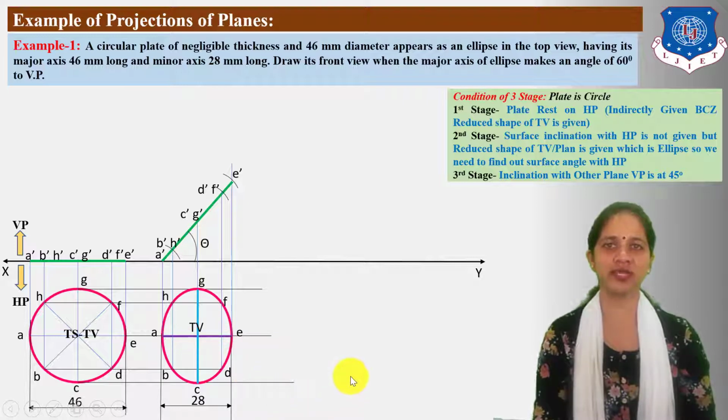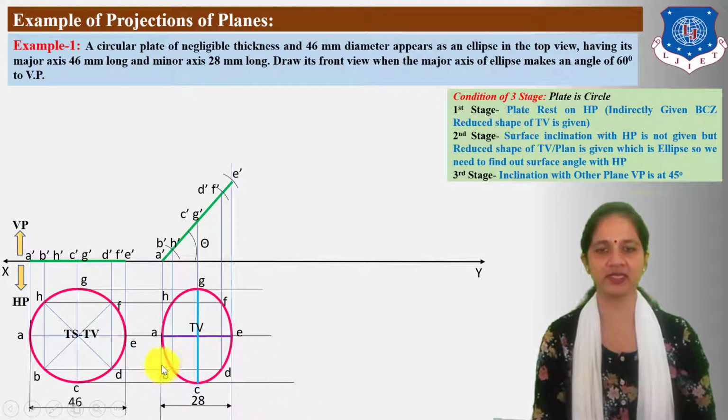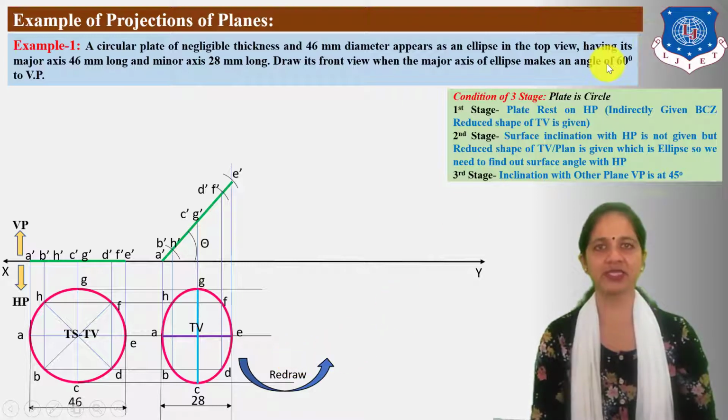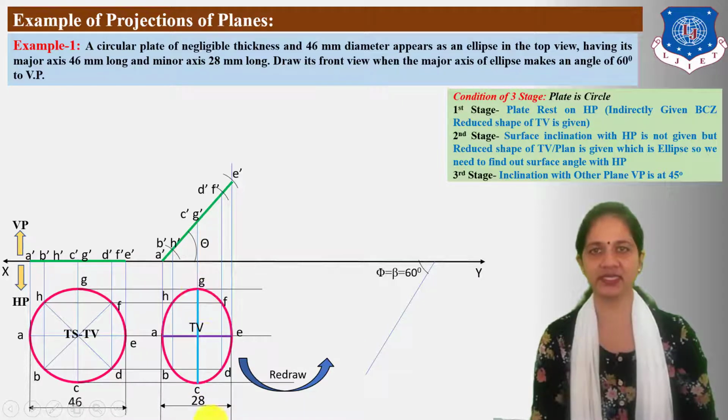Next, draw the third stage top view and front view. In the third stage we need to take the angle condition with VP. So redraw the second stage reduced shape as per the given angle condition with VP. Here a 60 degree angle is given with VP and on the 60 degree angle line we need to keep the major axis CG.